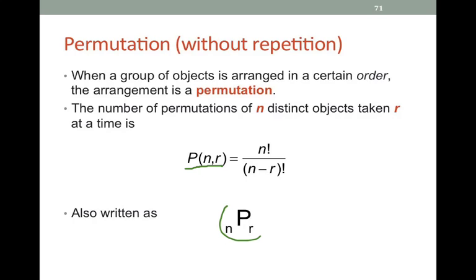It's also written out this way, nPr, the permutation. And if you look on your calculator, you'll see a little button that has an nPr on it, and we'll practice that later. Alright, so to go with the problem we had before, the permutation of 8 taken 3 at a time is 8 factorial over 5 factorial, or you could write it 8 capital P 3. That's just another way of writing a permutation.